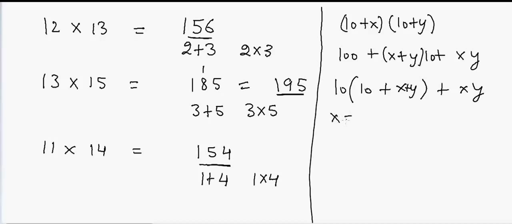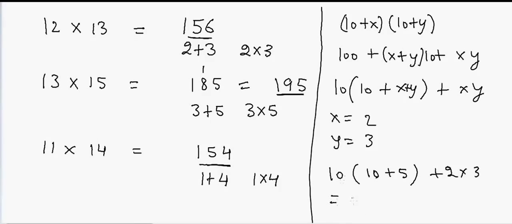So if x is equal to 2 and y is equal to 3, you can see it will be equal to 10 into 10 plus 5, plus 2 into 3. So that will give me 150 plus 6, and the 6 goes to the units place. That's how this trick works.